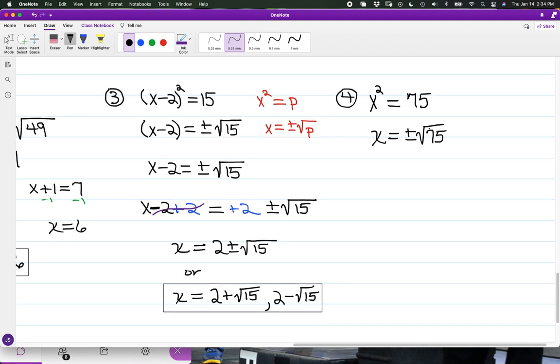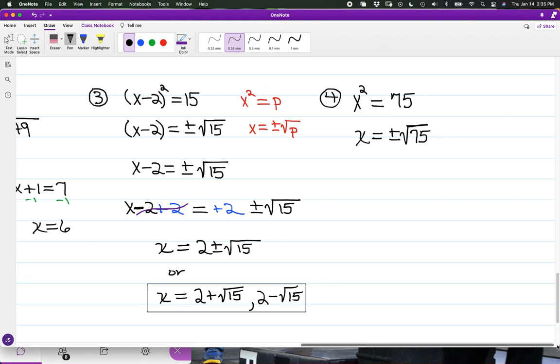Now, 75 is not a perfect square number, just like 4 from earlier. But it is one of those radicals that can be reduced, unlike what we had a moment ago with 15.